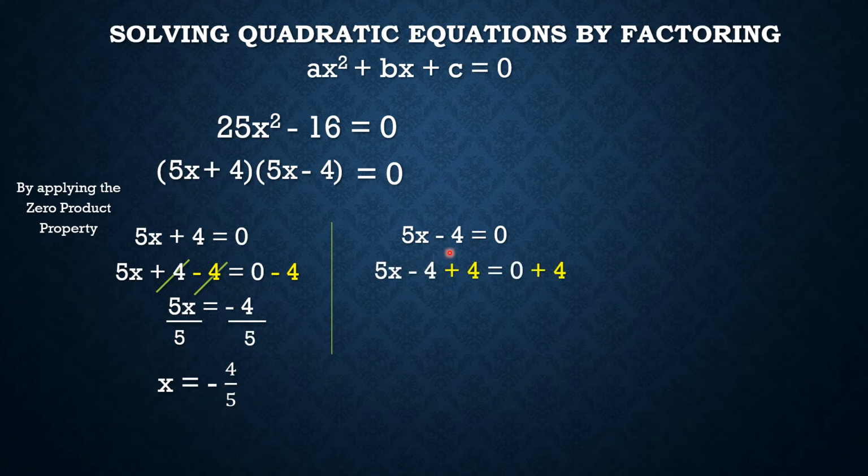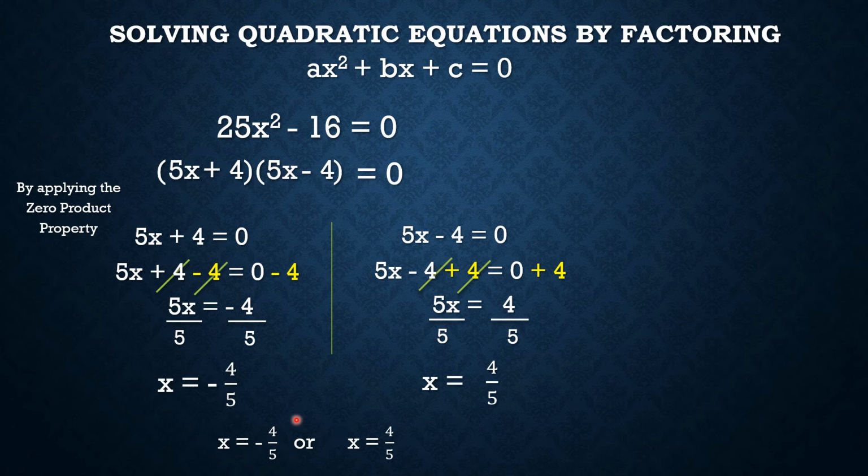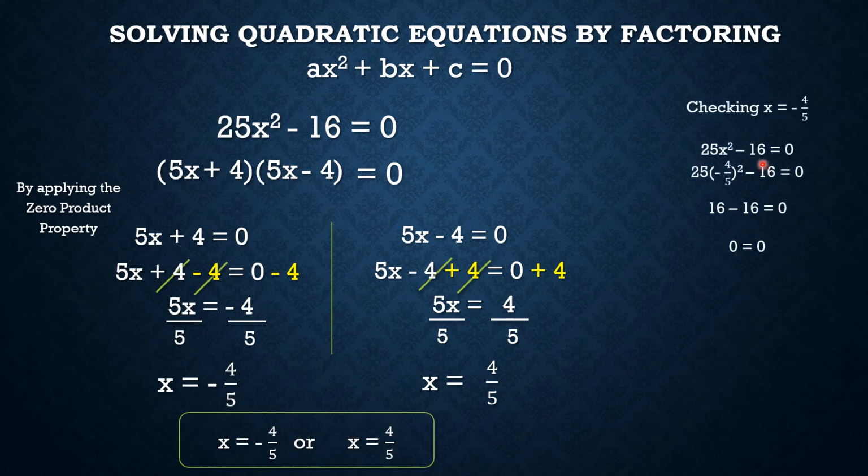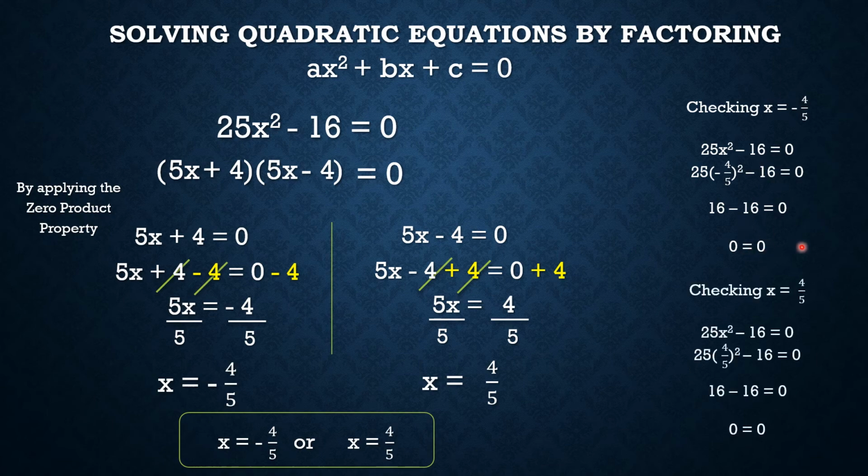And for the second one, by adding 4 to both sides of the equation to eliminate this negative 4 on this side, we have 5x equals 4. By dividing both sides by 5, we now have x equal to 4 over 5. And this is now our solution to this quadratic equation. We have negative 4 over 5 and 4 over 5. By checking, we have this and this.